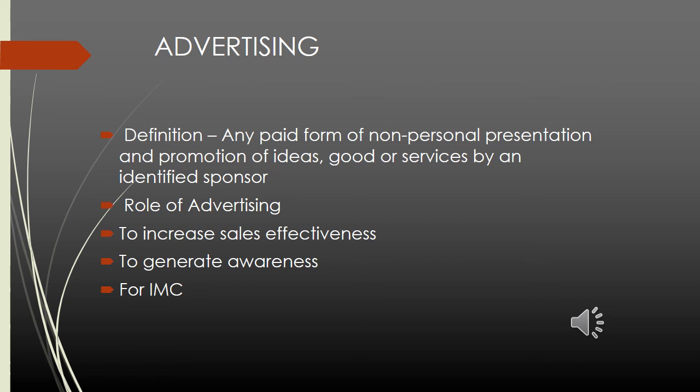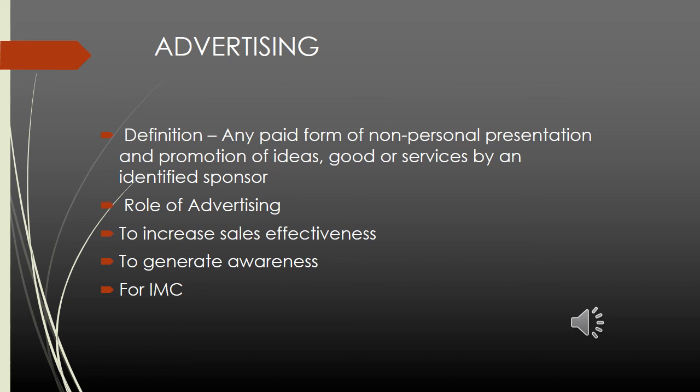So we can say that advertising is any paid form of non-personal presentation, through which the producer or the identified sponsor can sell the product, achieve the objectives of the business, and achieve the sales target which he has set for his business.